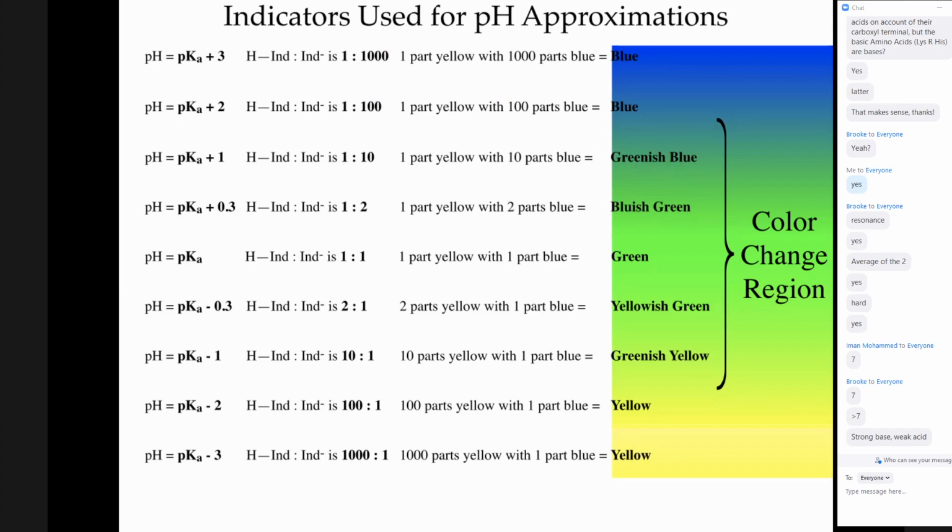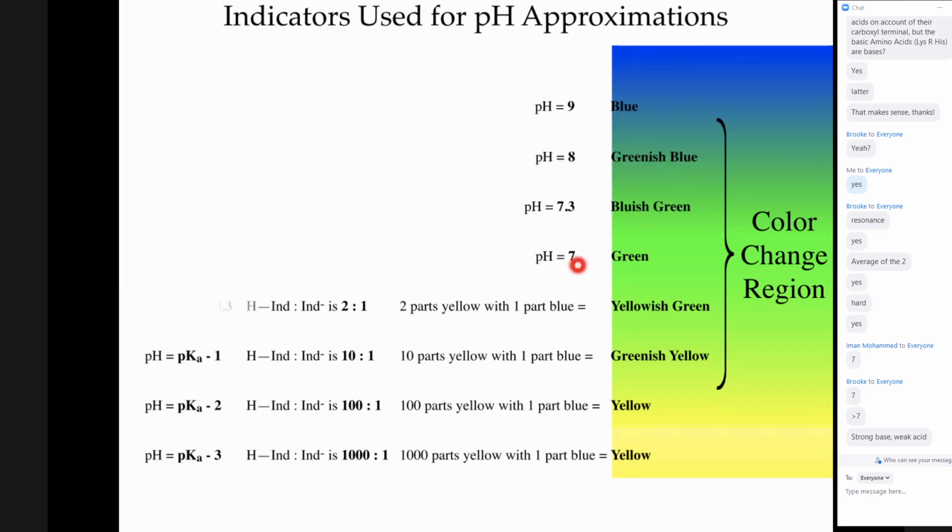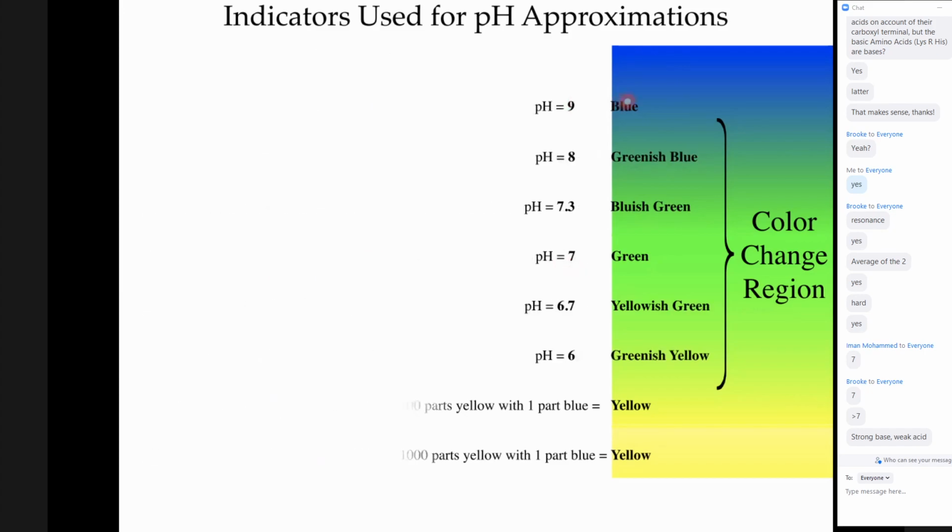And so let's say, for sake of argument, this was 7. Then 9 is around here, 7.3, 8, 6.7. So in other words, can I guesstimate the color and pH correlation?